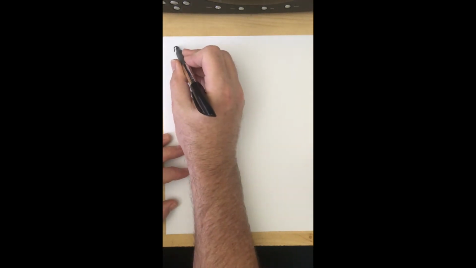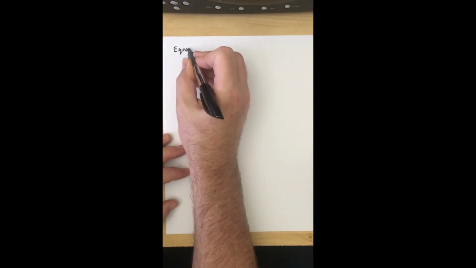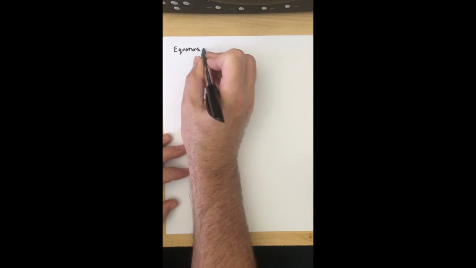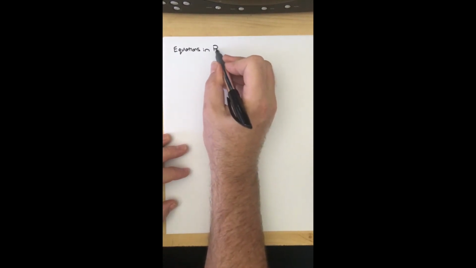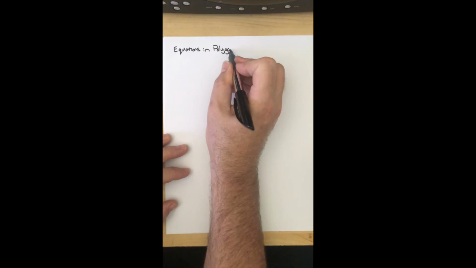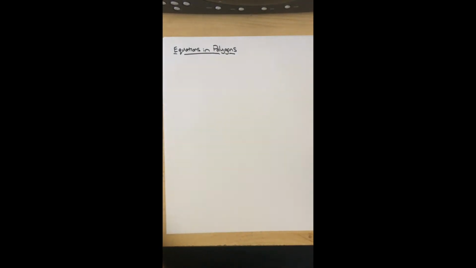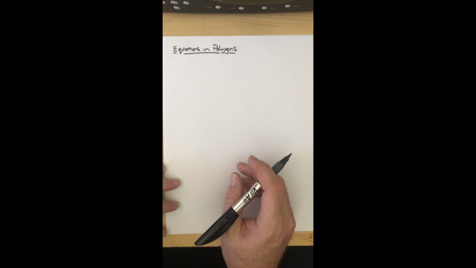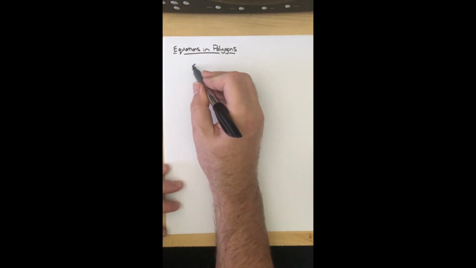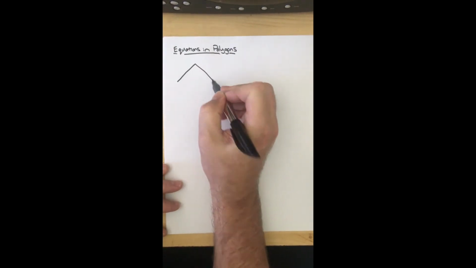So, equations in polygons. Let's see. Well, let's start with something nice and easy, like a 4-sided shape. Right?